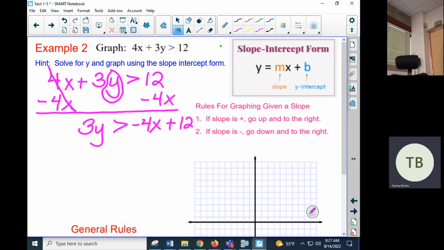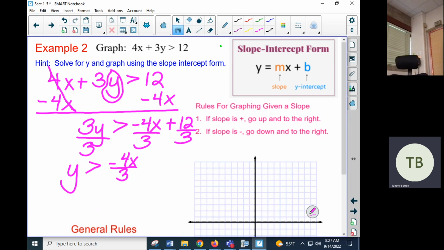Once you get to this point, we're solving for y, so we'd have to divide by 3. Now, when you divide, you would have to think about, do I have to switch the sign? And in this one, you're dividing by a positive number, so we don't have to switch the sign. So here, 3 over 3 is just going to give us y. This is negative 4x over 3. That's already reduced.